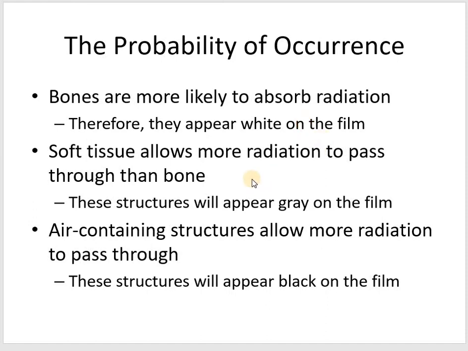Soft tissue allows more radiation to pass, more photons are transmitted, so these structures normally appear gray on film or on images. Air normally allows all the photons to be transmitted through, and therefore these structures appear black on images. Those are the reasons why.